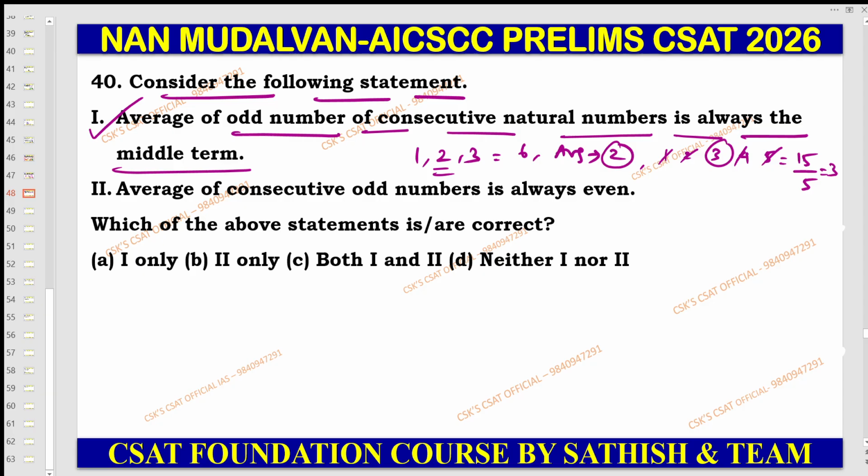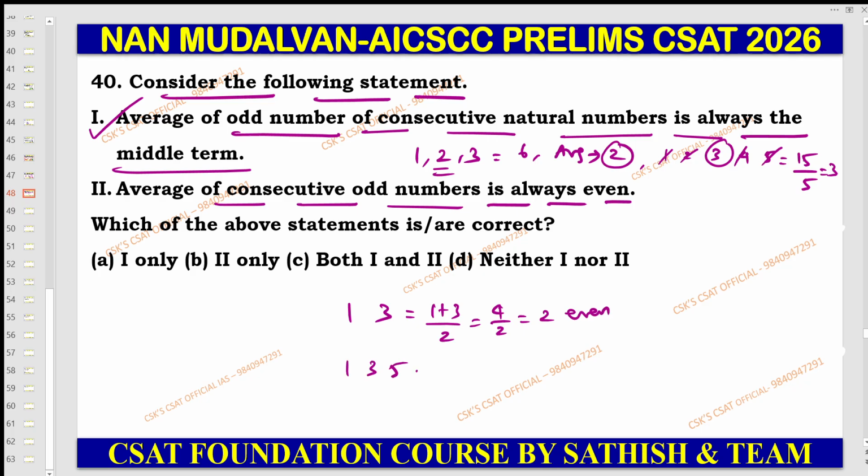Right. Next statement. The average of consecutive odd numbers is always even. This is the thing. Consecutive odd numbers means 1, 3. So what is the average here? 1 plus 3 by 2, 4 by 2. Yes, in this case even. Now you can take any 1, 3, 5.